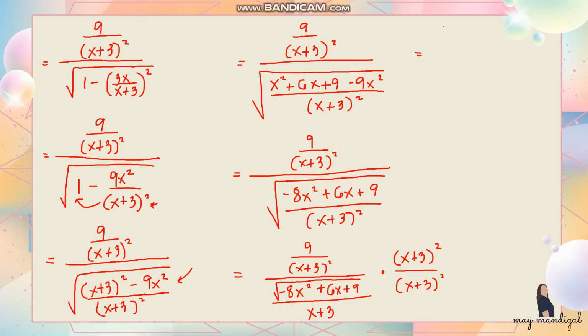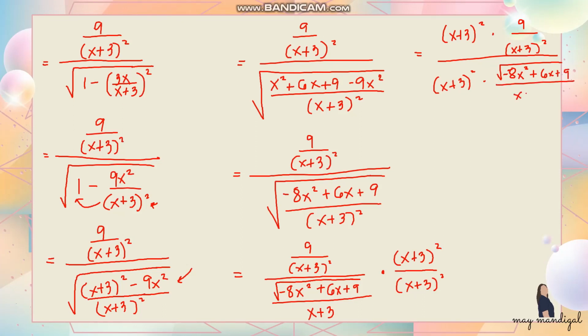Let's write x plus 3 squared, and then I multiply it with 9 over x plus 3 squared. Also, the denominator, x plus 3 squared, multiply it with the denominator, negative 8x squared plus 6x plus 9, all over x plus 3. And then this will be cancelled.